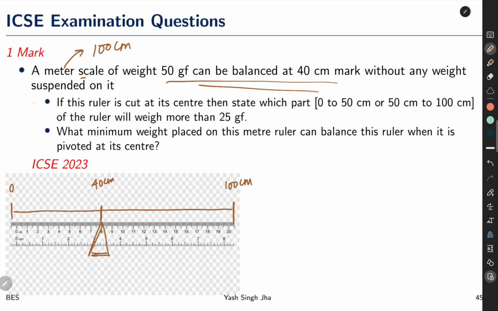Now they are saying if this ruler is cut at its center, then state which part of the ruler will weigh more than 25 gf.